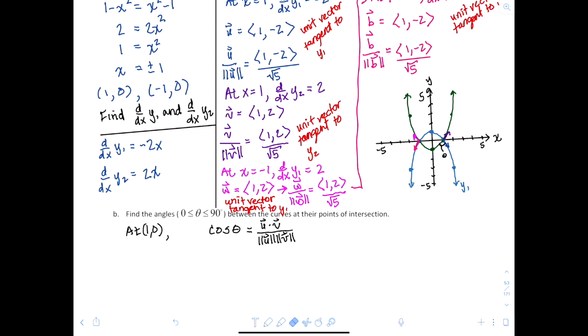Groovy? All right, we already found the magnitude of u and v, right?